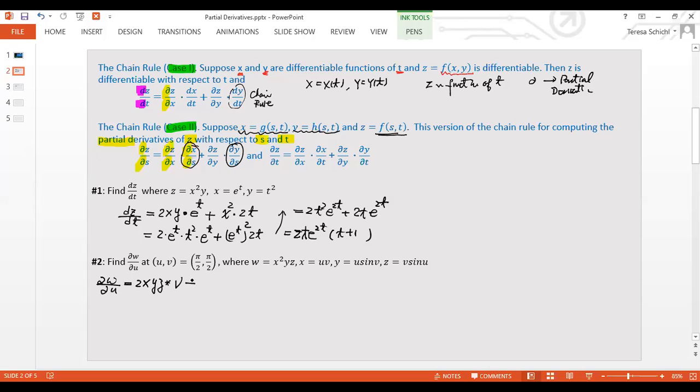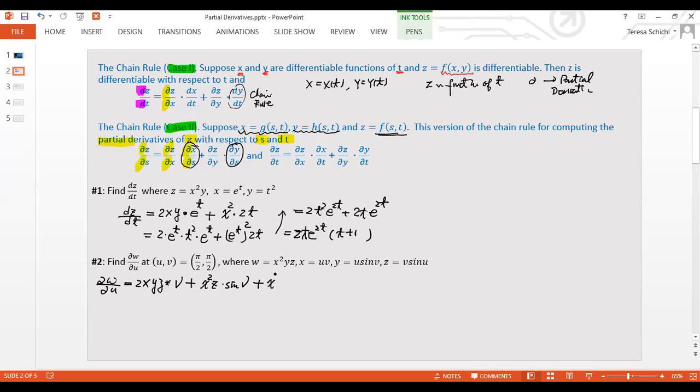Okay, then plus the partial for y. So y, you take the derivative, will just be 1. So x squared z. Then the chain rule for y, partial y, partial u. So what is here is sin v, right? Now the last one here is the partial for z.